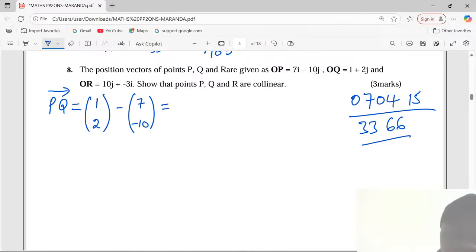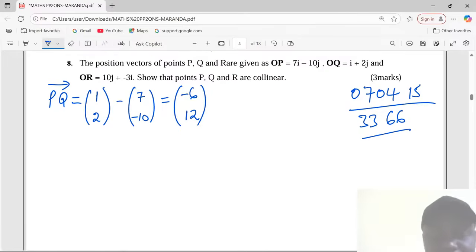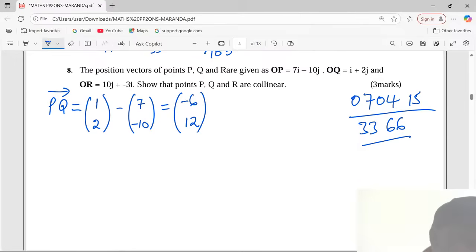The vector PQ shall be (−6, 12). That is vector PQ. You should know that PQ is Q minus P. Then we can have another vector. Remember, it should be any two vectors.